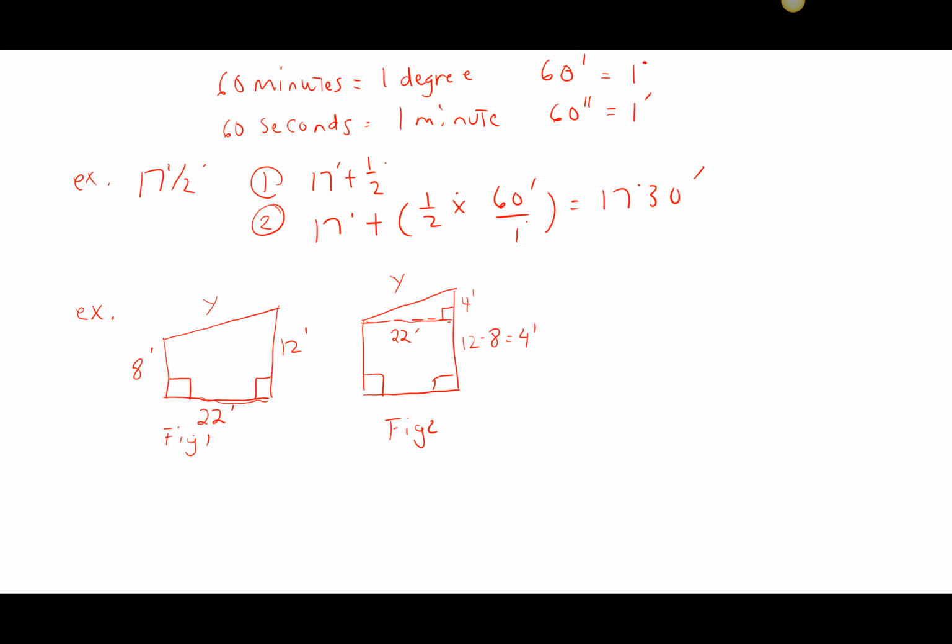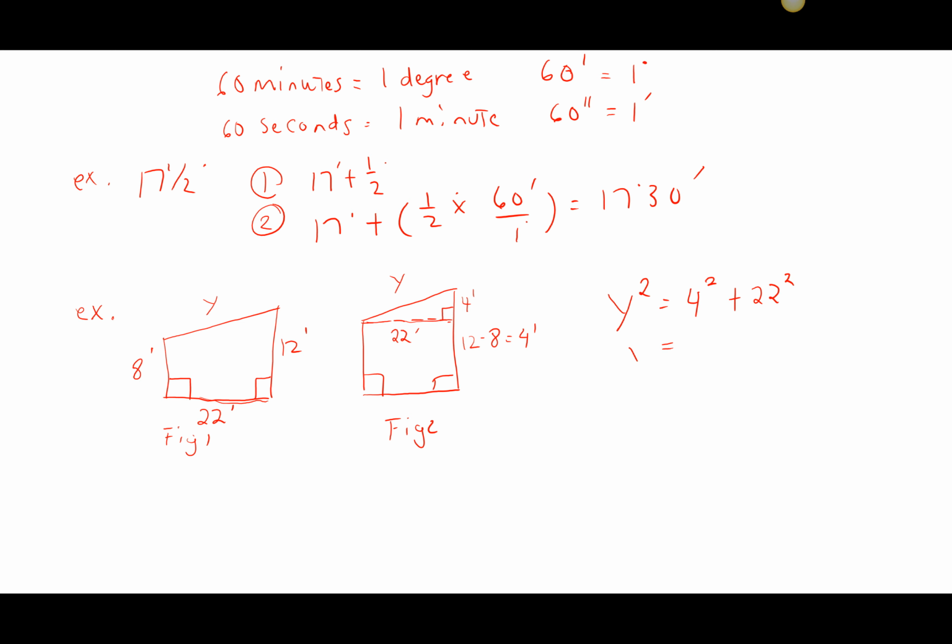Now, the horizontal leg is 22 feet in length, and we use the Pythagorean theorem to find the hypotenuse. So we've got y squared equals 4 squared plus 22 squared. Oh, I'm sorry, this is 4 squared. It's like that doesn't look right. 4 squared plus 22 squared, okay?